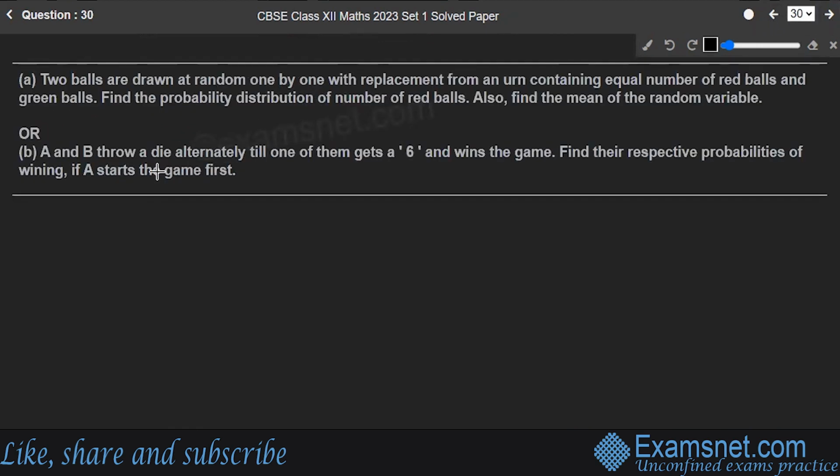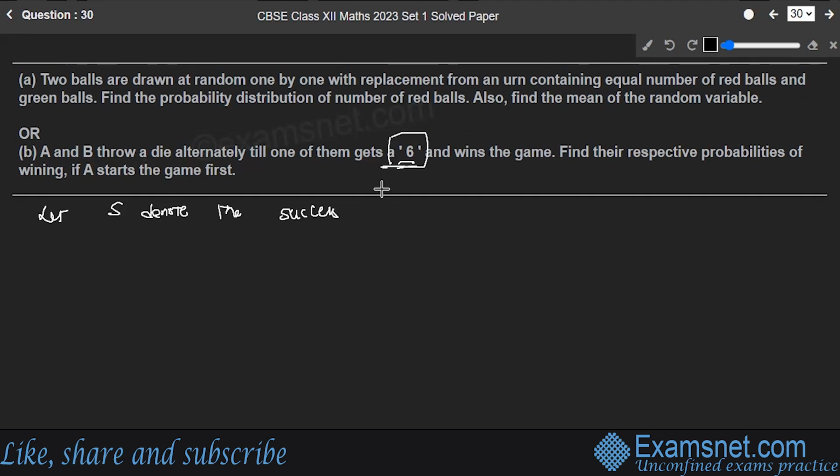B part says A and B throw a die alternatively till one of them gets a 6 and wins the game. Find their respective probabilities of winning if A starts the game first. Okay. First of all, let S denote the success. What do you mean by that? It is getting a 6. Now, A and B throw a die alternatively till one of them gets a 6.